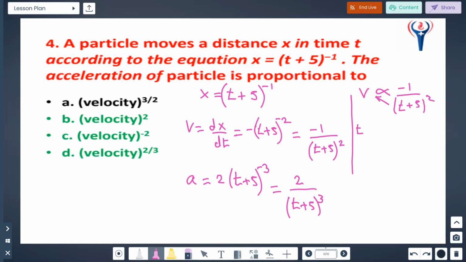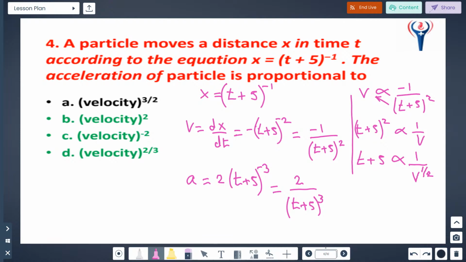Then (t + 5)^2 is proportional to 1/v, so (t + 5) is proportional to 1/v^(1/2), that is the square root of v, and (t + 5) is inversely proportional to v^(1/2).